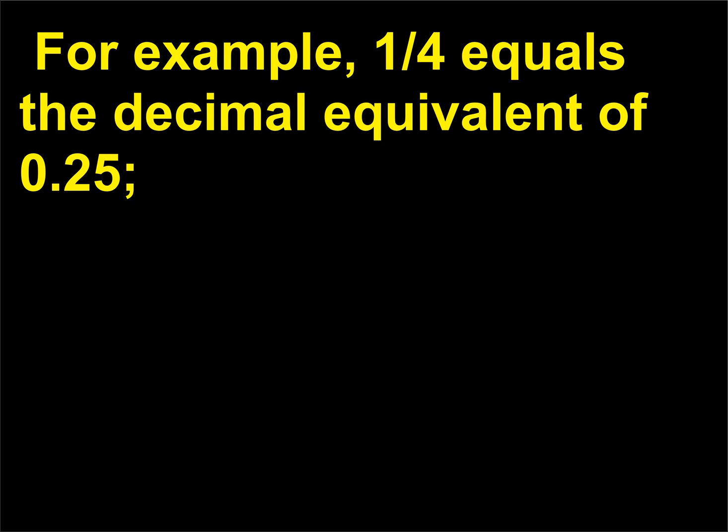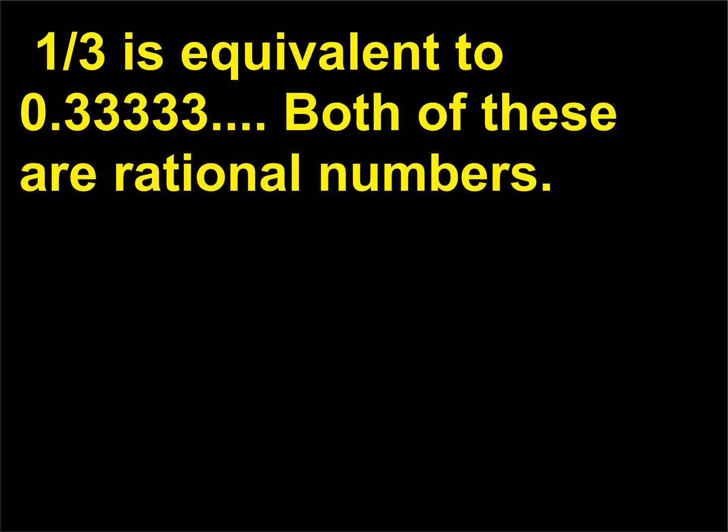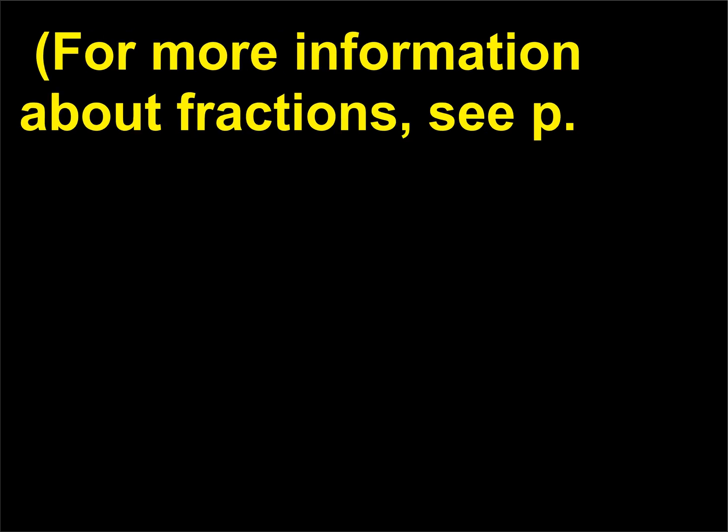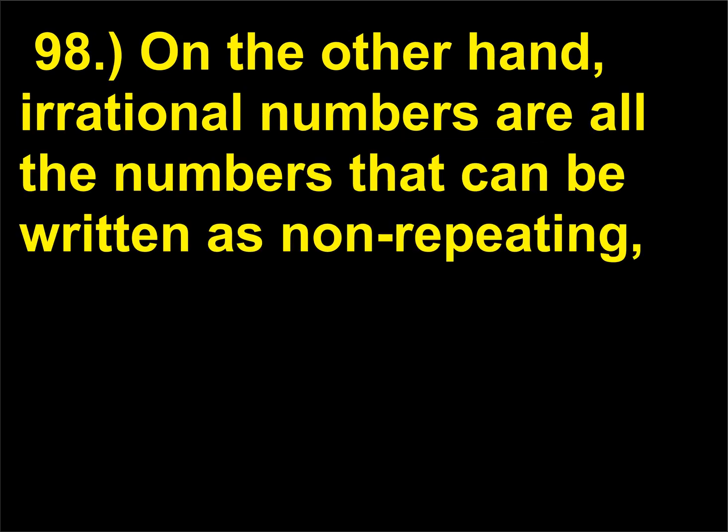For example, 1/4 equals the decimal equivalent of 0.25. 1/3 is equivalent to 0.33333. Both of these are rational numbers. For more information about fractions, see p. 98.